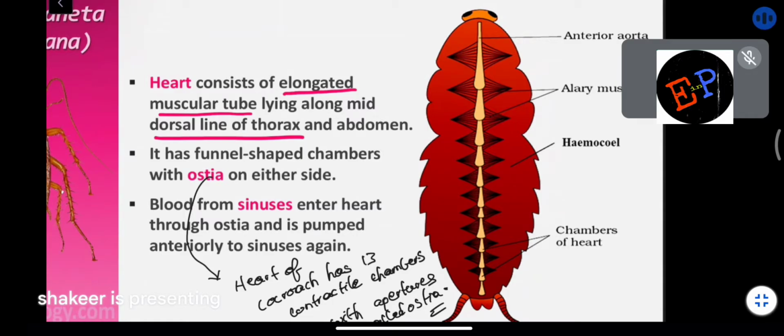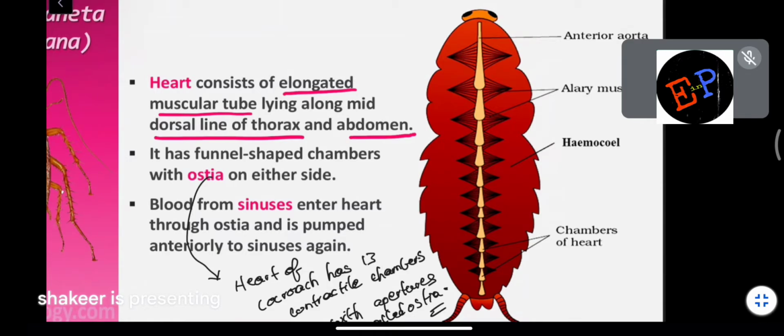It is present on the back side. It means there is a line on the dorsal side passing through the thorax and the abdomen, and in that line you can find this heart. So the heart is present on the dorsal side in the cockroach, connecting the thorax and the abdomen.